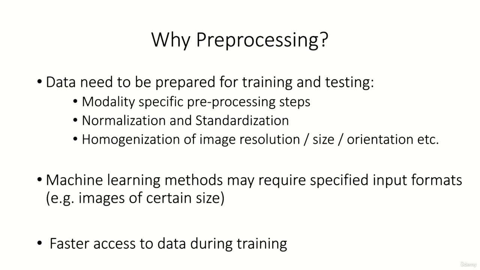This includes, but is not limited to, modality-specific pre-processing steps, normalization and standardization, and homogenization of image resolution, size, orientation, and many more. Some machine learning methods may require specific input formats.